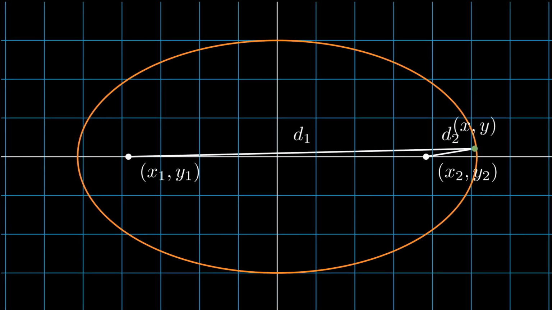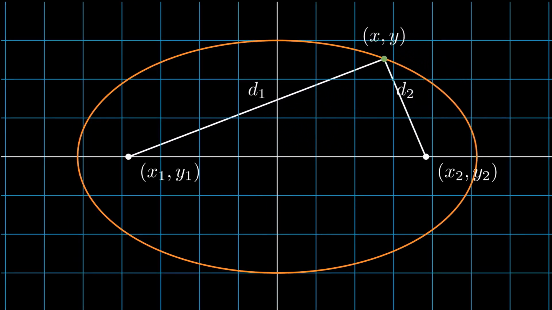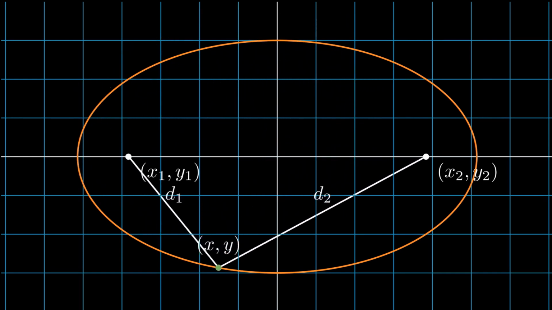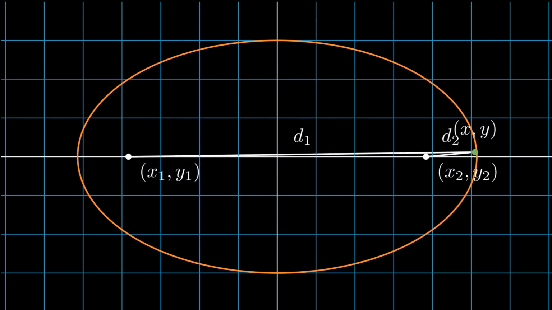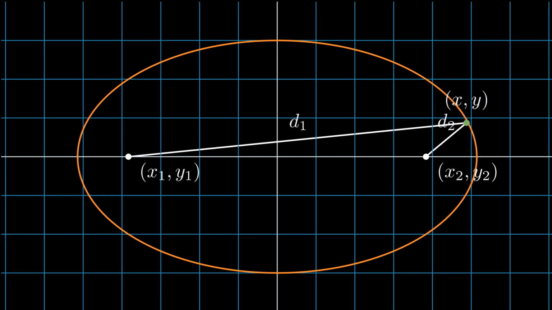Now, an ellipse is a set of points x, y such that, if you have two foci, the distance d1 plus d2 is constant. Those are the governing principles for an ellipse. So the set of points x, y such that, for two given foci, the distance d1 plus d2 is constant.